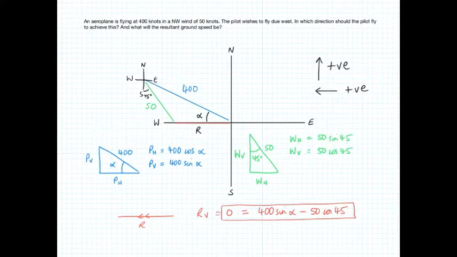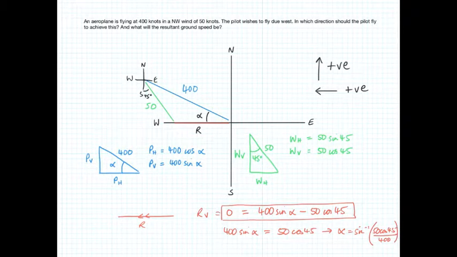So we can use this now, we can rearrange it to work out what this missing angle of alpha is. So if we rearrange, we've got 400 sine alpha equals 50 cos 45. So sine alpha, or alpha if we take the inverse sine, will be the inverse sine of 50 cos 45 divided through by 400.